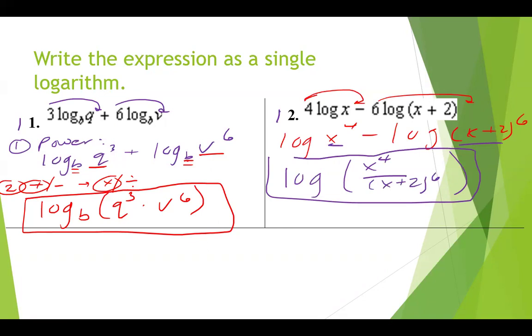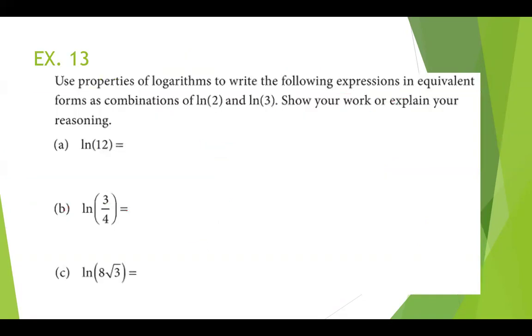Questions, comments, concerns? So our log properties allow us room to manipulate, to make things look and be what we need them to be. Does that make sense? So we have our quotient and our division rule.